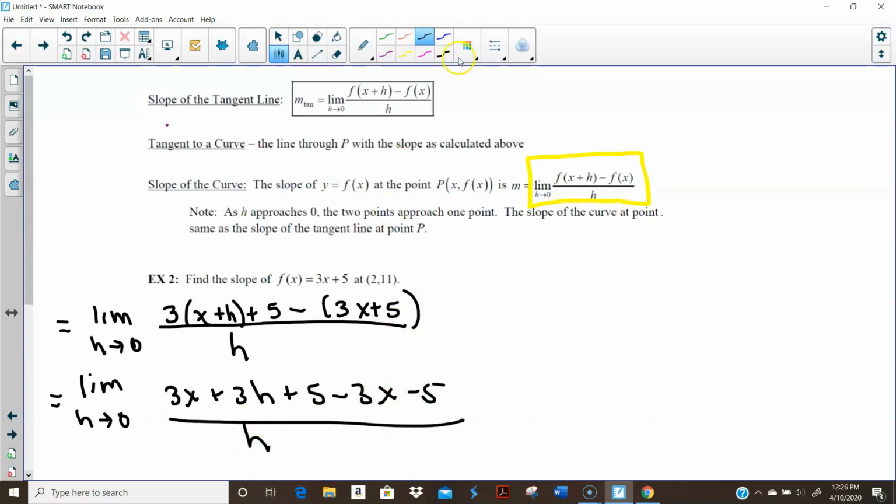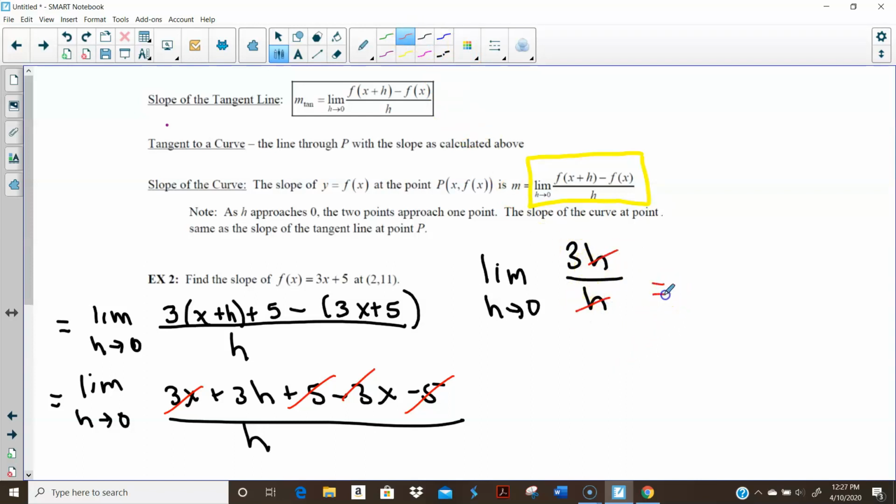Let's see if anything cancels. The negative 3x and the positive 3x will cancel. The positive 5 and the negative 5 will cancel. Now I just have 3h over h. So if you have the limit as h approaches 0 of 3h over h, do you notice that we can have the h's cancel?